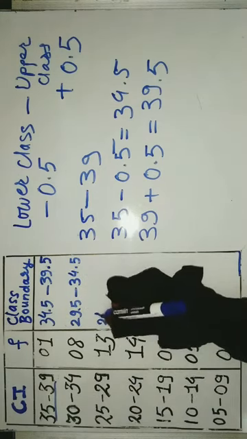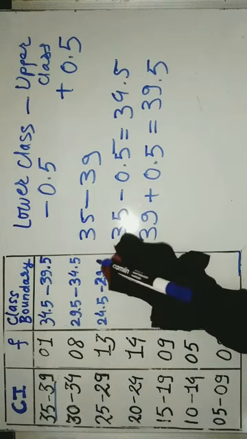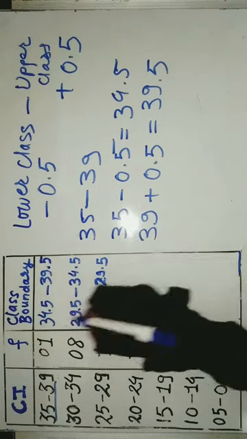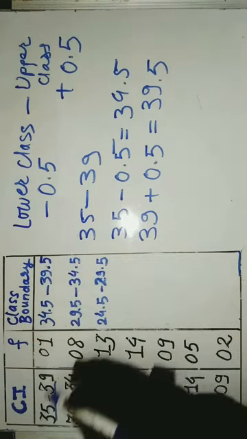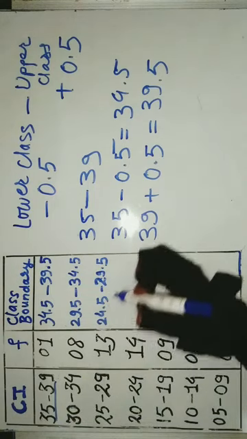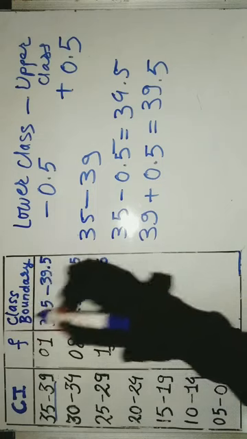Similarly, 24.5 to 29.5. Always remember that to plot a histogram, we require continuous classes. Here the given class intervals are not continuous, so we have to make these class intervals continuous. That's why we have to find the class boundary.